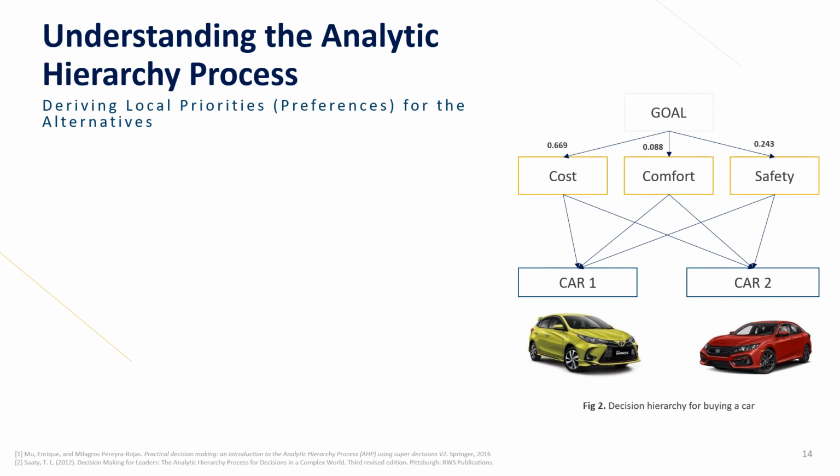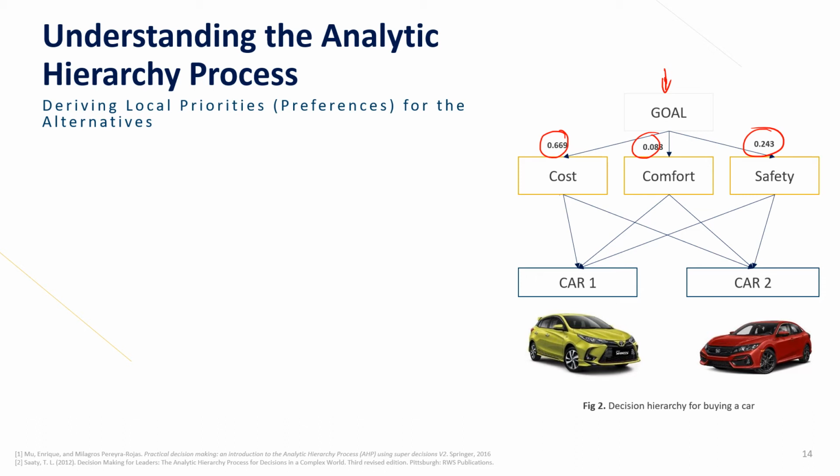Okay, the next step is after we have the weights, as you can see in the illustration here. Now for achieving the goal of selecting a car, we have the weight of each priority here, here, here. Now based on these weights, we will derive the local priority of each alternative.